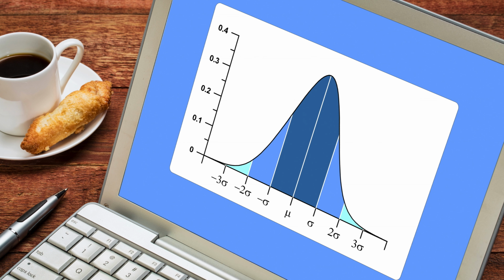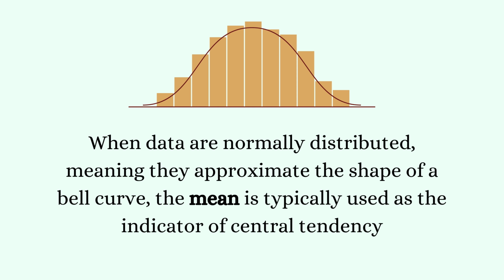First, I should check and see how my data are distributed. If they're normally distributed, then we can use the mean as the indicator of central tendency. When I plot a histogram of these data, I can see that they roughly make a bell-shaped curve, so we'll go ahead and use the mean as our measure of central tendency.